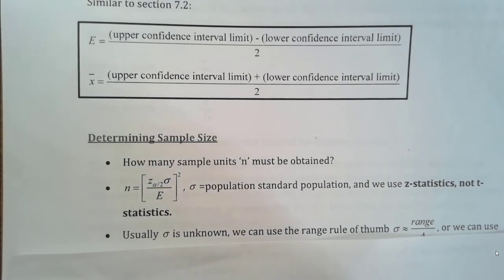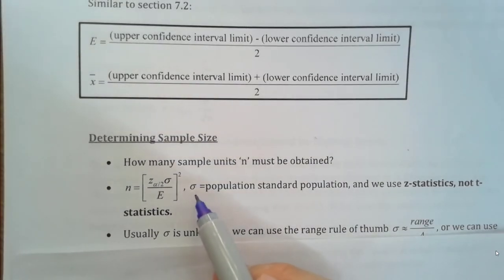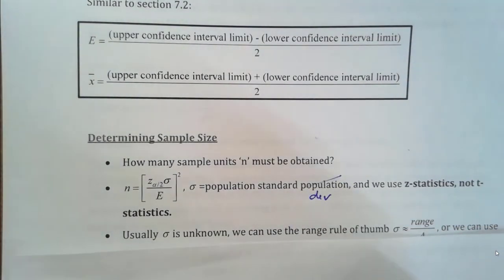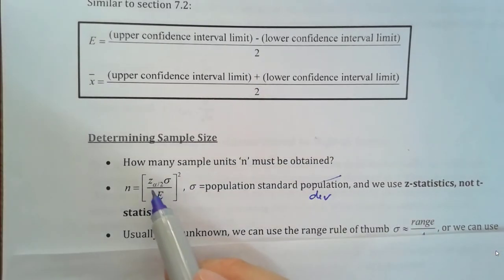That should give you the sample size. And remember, if sigma, the population standard deviation, is given, we use the z statistic, not the t. So z alpha over 2, not t alpha over 2.